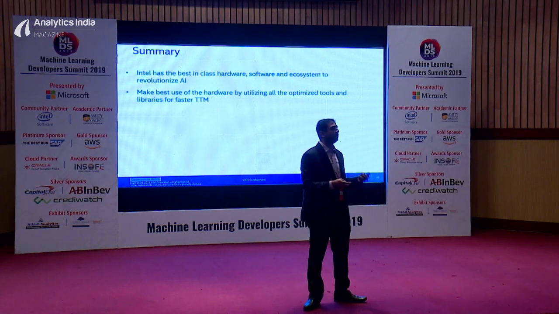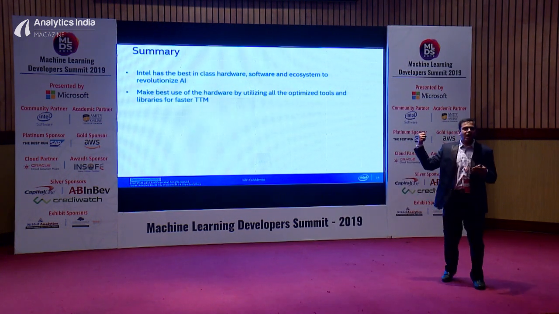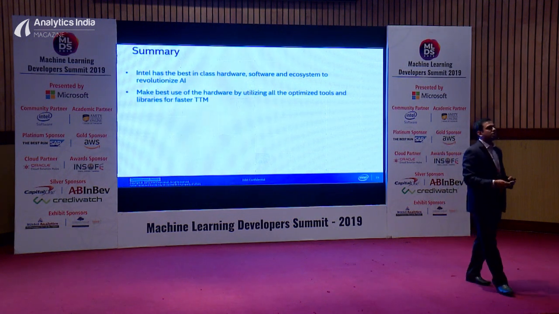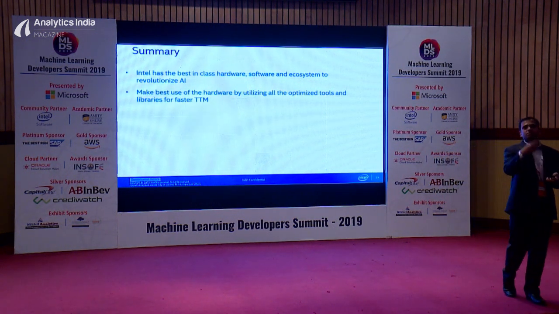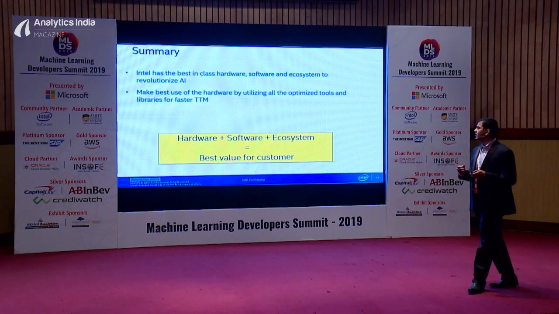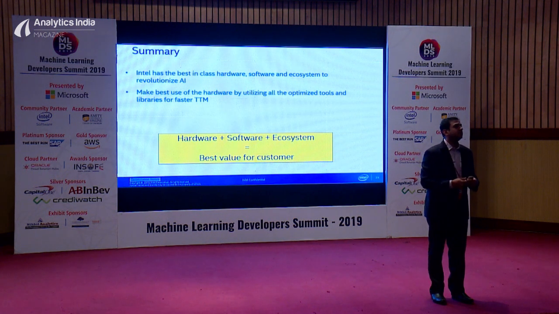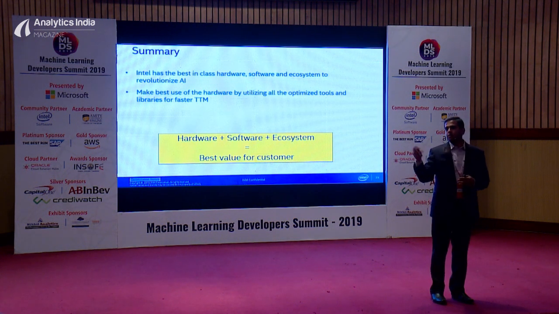As developers, that's very critical when you are going to market. So my ask is: what does it take to make these small adjustments and get the best performance? Overall, hardware, software, and the ecosystem matter, and that's what brings value to the customers. With that, I open to questions.